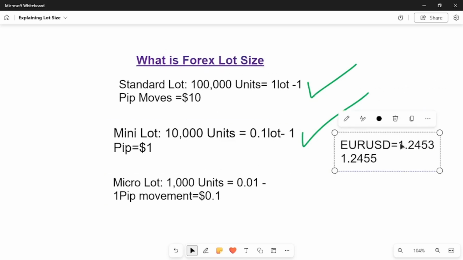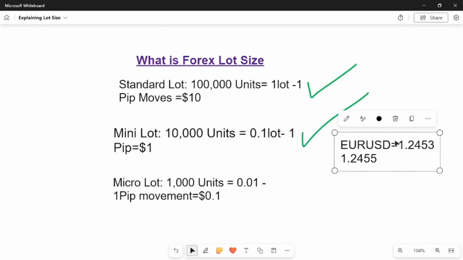So this is simply the idea of lot size here. You can take a screenshot of whatever you are seeing here when it comes to understanding lot size. This is simply everything about lot size. Standard lot is 100,000 units, and that standard lot is one lot, and one pip movement in a one lot trade is $10, whether in your profit or against you. Mini lot is 10,000 units of a currency, and that is 0.1 lot size when trading, and one pip movement will give you $1.